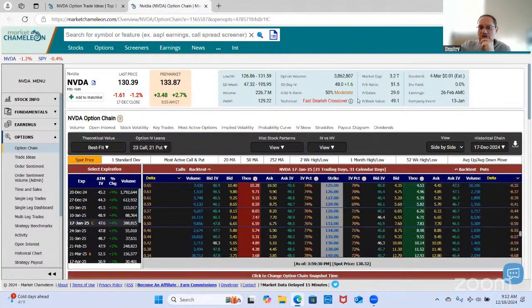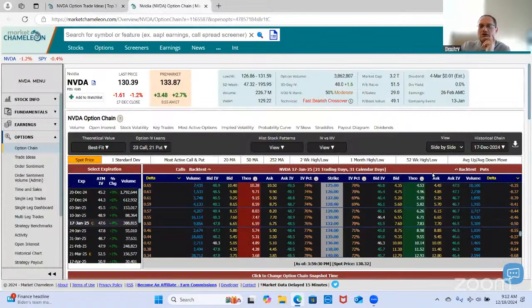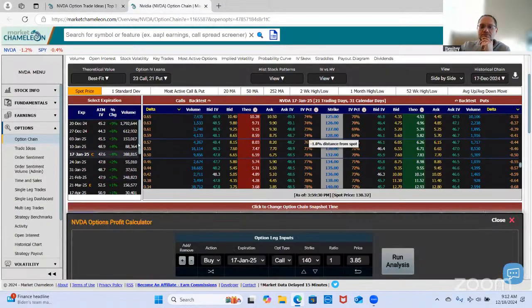So what I did was I clicked on this options chain, right? Go to the options chain, and let's analyze it with more data, more information. Let's see what other insights we could get about it. By clicking on it, it creates this new window, and now you're on the NVIDIA options chain.